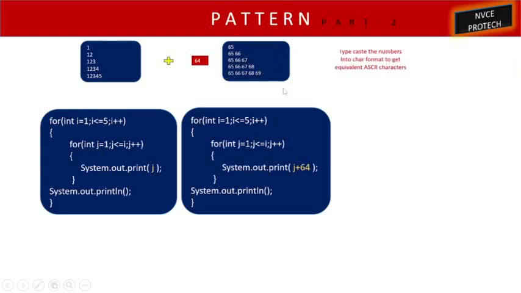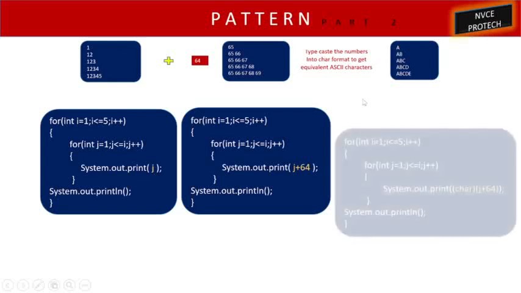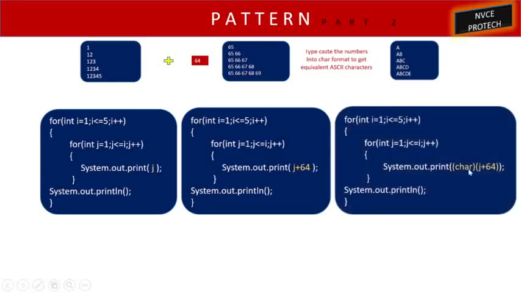Then we have to convert each number into ASCII values, and we will get this one. So I made this. I typecast the j + 64 to character format, and we will get this result.